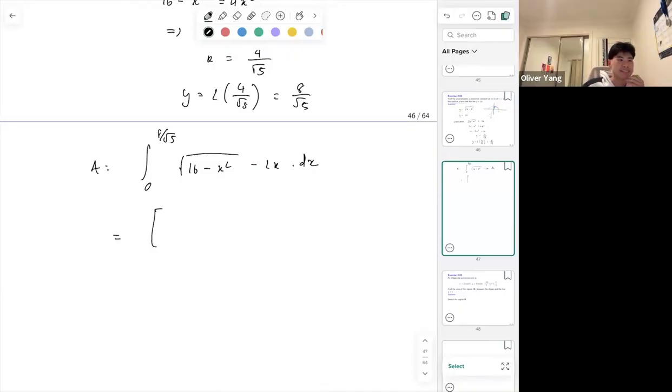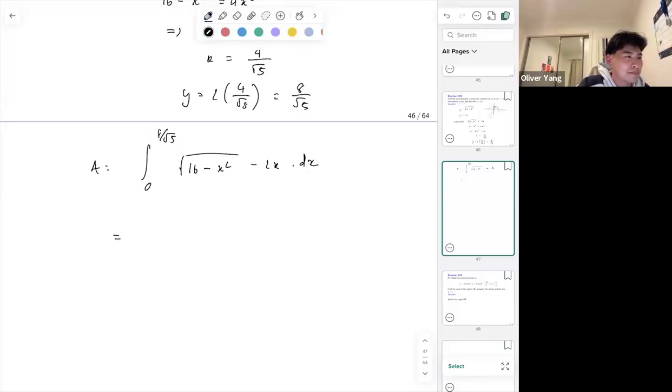Trig sub isn't in the syllabus. I know it's x equals 4 sine theta, but I'd have to do the whole thing, and you'll never get something like this. That's my bad. When I wrote this question, it was too hard for you guys.